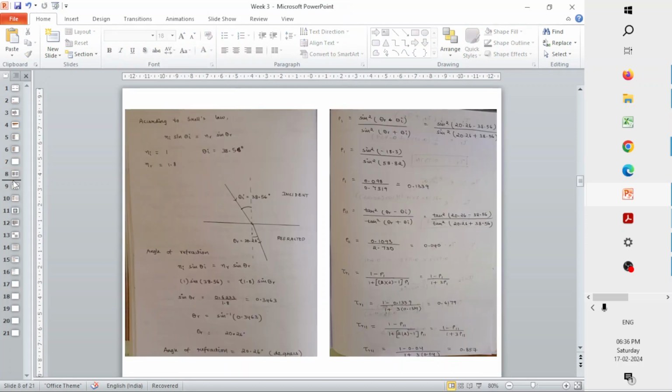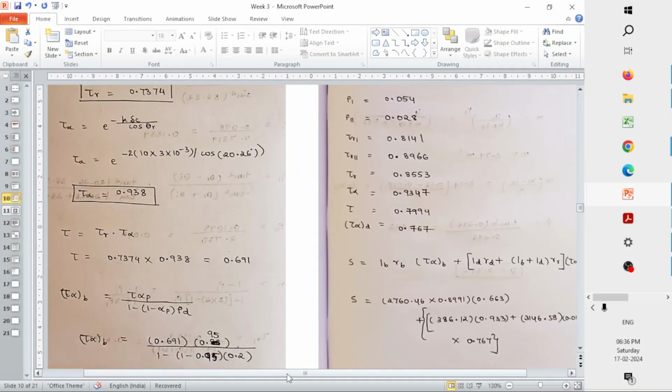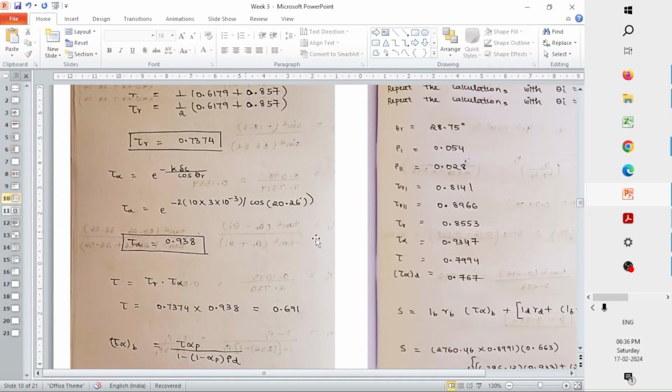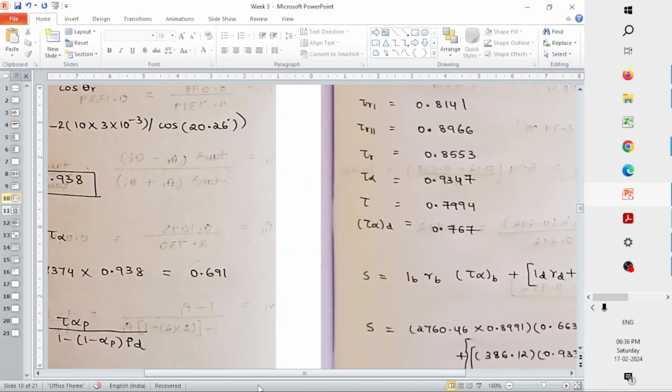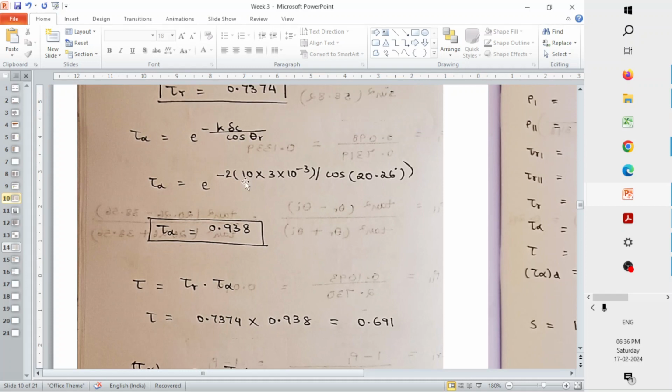So these are the values. Your tau alpha is e power minus 10 into 3 into 10 power minus 3 divided by cos of 20.26.